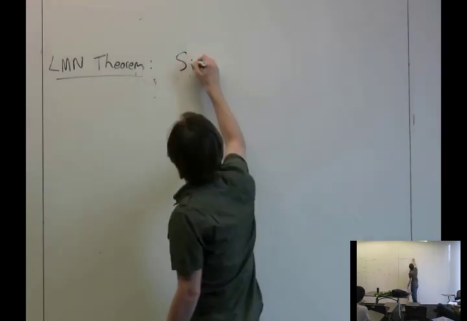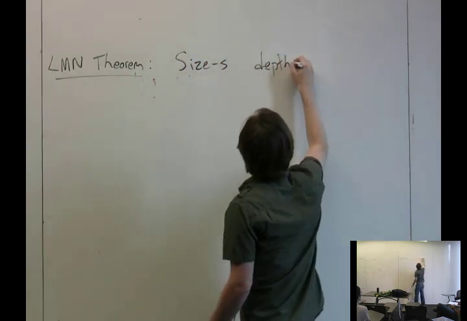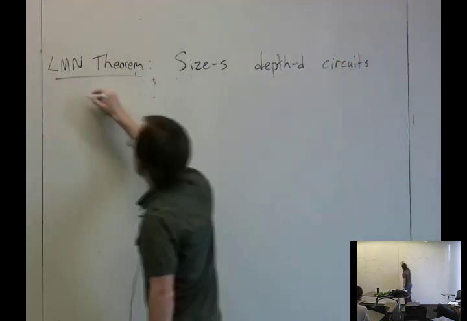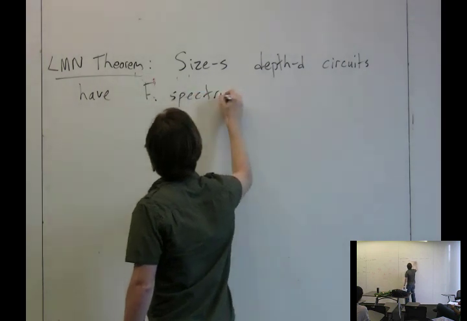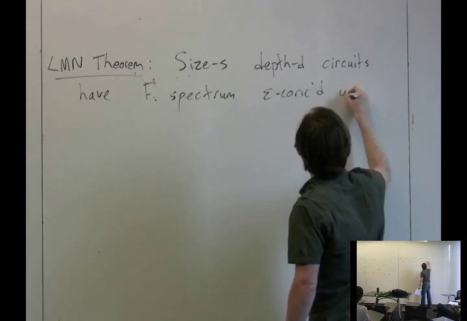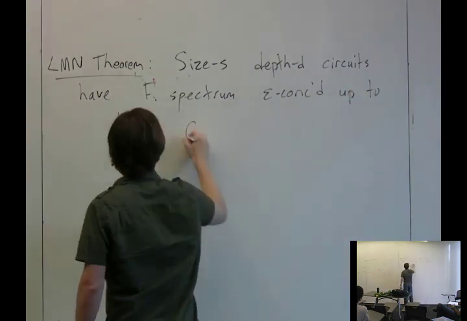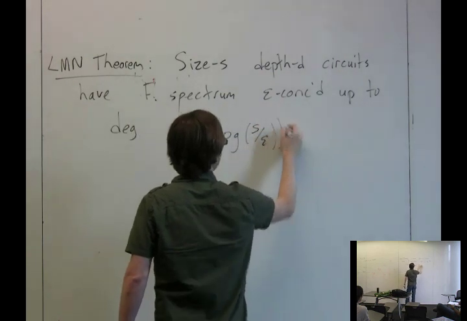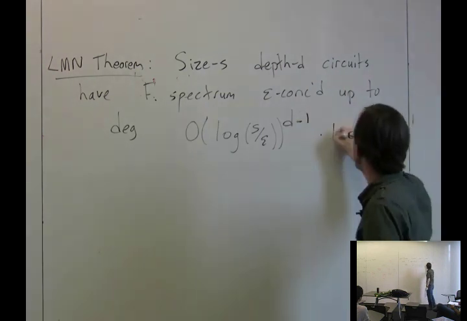So it says size S, depth D circuits have their Fourier spectrum epsilon-concentrated up to degree, let's see, O of (log(s/epsilon))^(d-1) times log(1/epsilon).